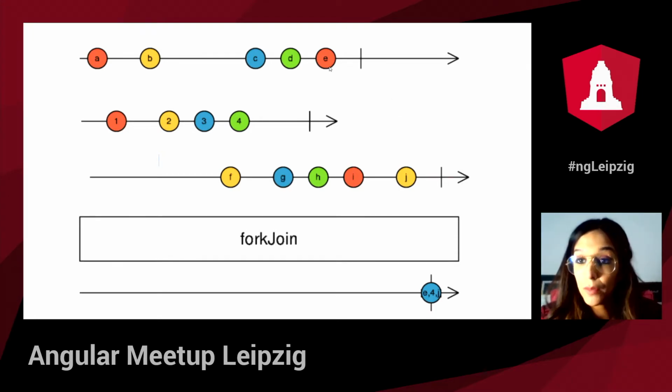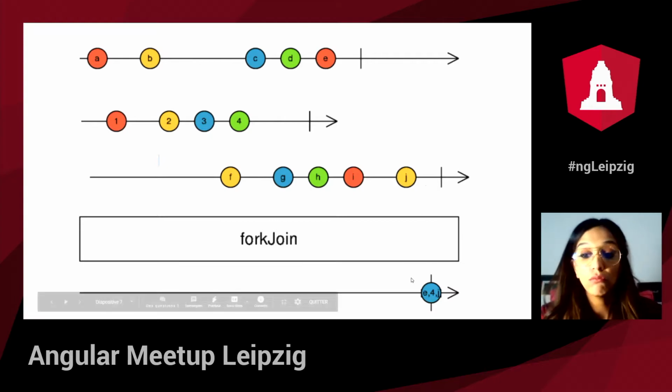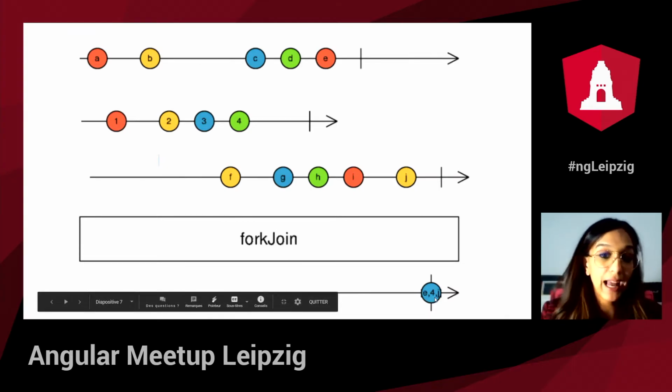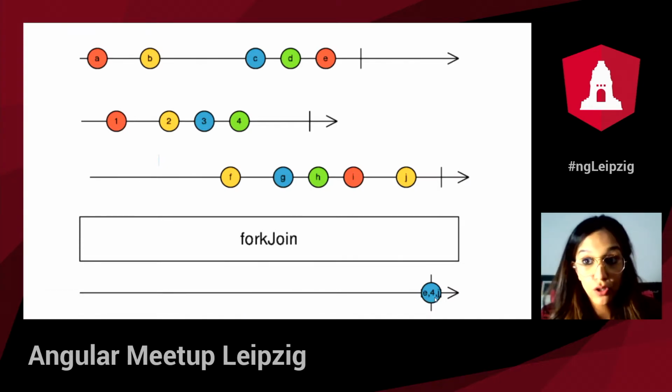The last value emitted by the first one is E, the second one is 4, and the third one is G. So what you will have as a result after the forkJoin operator is those values, respectively in the order you pass them to forkJoin, because forkJoin takes an array of streams, or an array of observables.